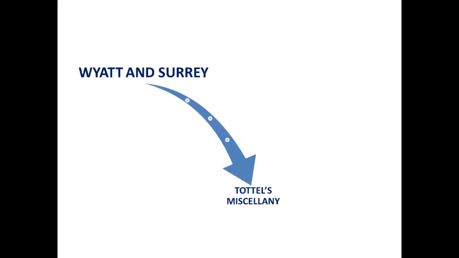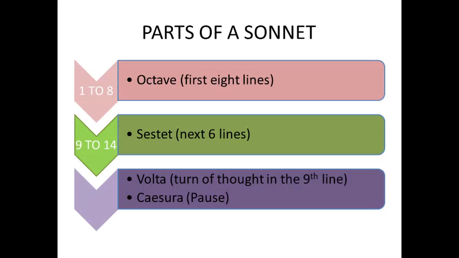Wyatt had been copying Petrarch for the most part, and in his poems we find two parts in the sonnets. One is an octave, which means 8 lines, followed by a sestet, that is 6 lines. Now, in between the octave and the sestet, there is a pause, which is indicated in printed form by a space between.